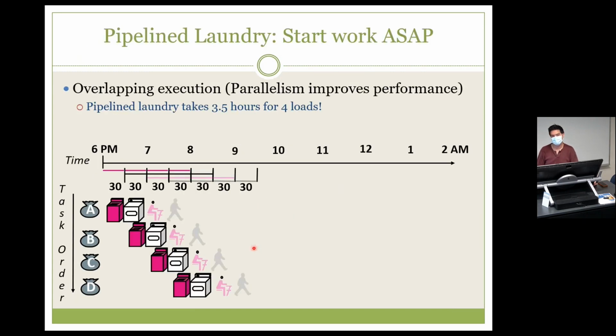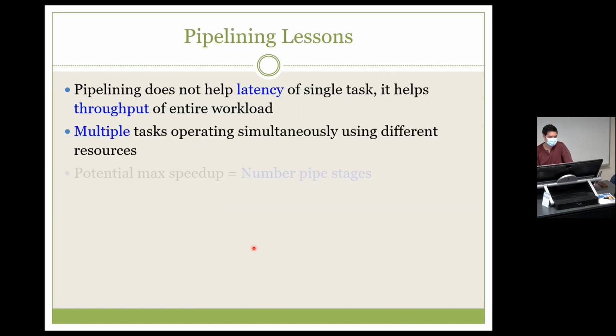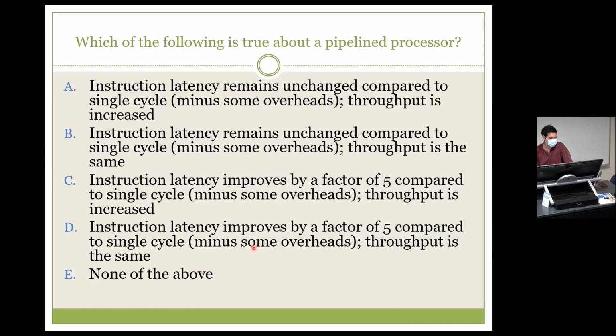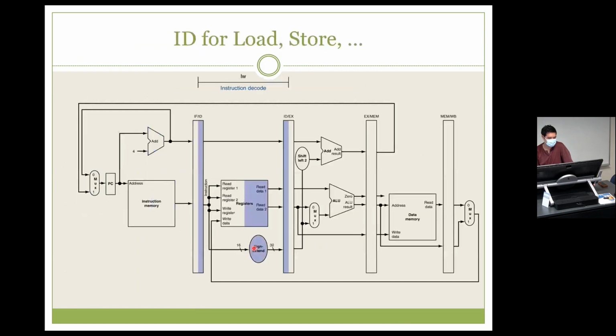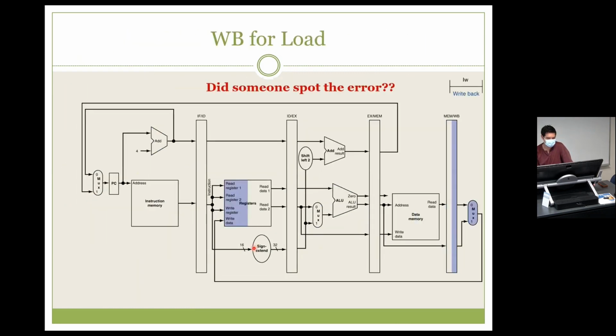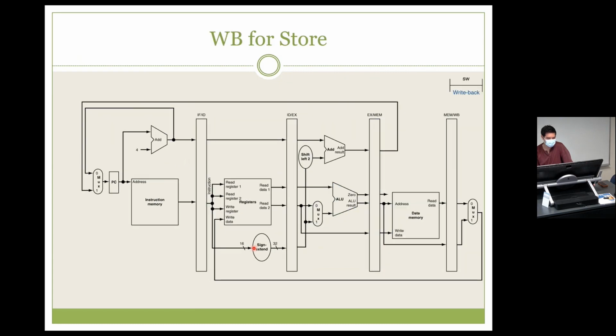It looks something like this. This is your cycle by cycle. Like this is first cycle, second cycle, and this is the usage, right? So that'll be our pipeline diagram. But that is our introduction to pipelining.